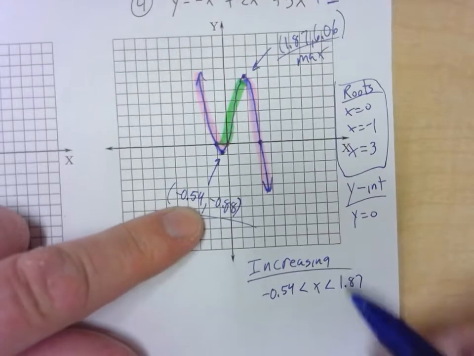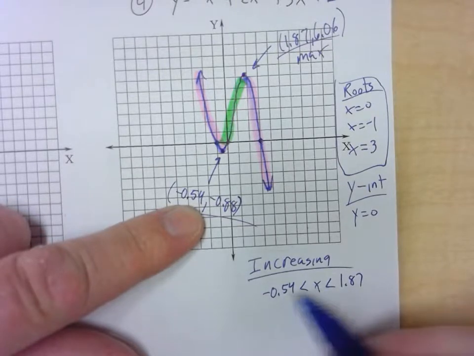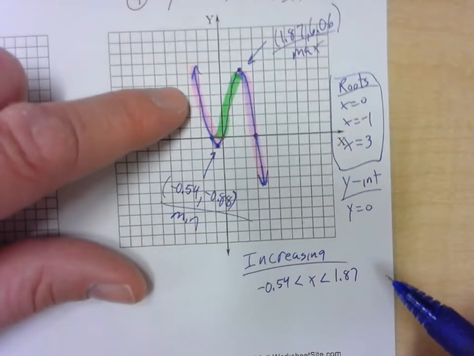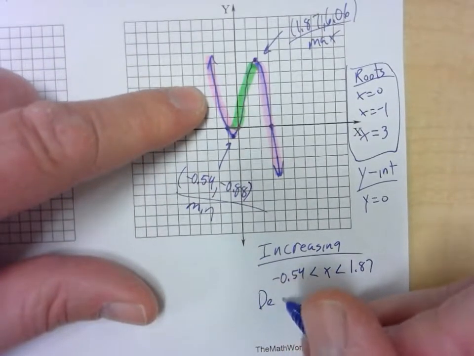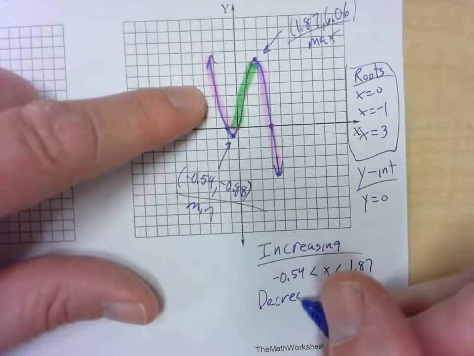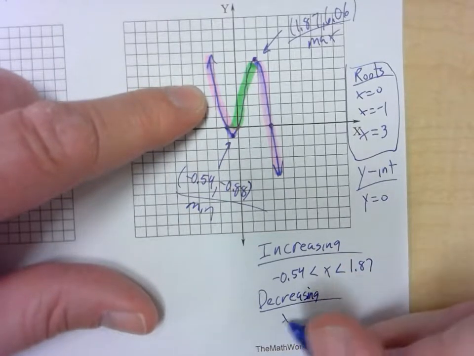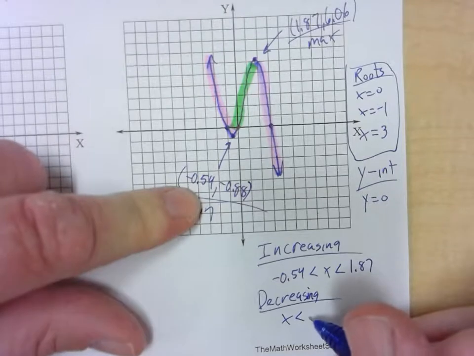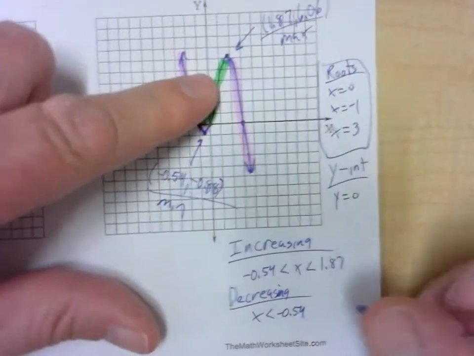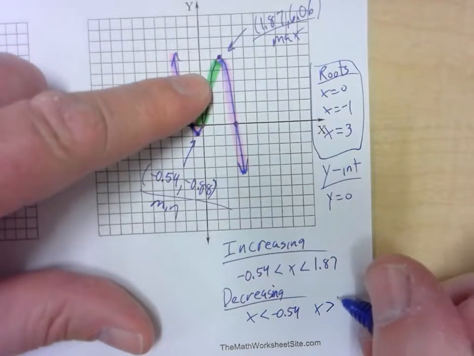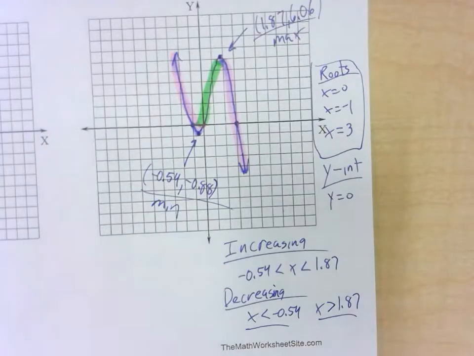We read the inequality from the inside out. Okay, now it's decreasing on the outsides of those. So decreasing when x is less than this x value, -0.54, and when it's greater than this x value, x is greater than 1.87. Boom, boom. All right, so that pretty much takes care of that.